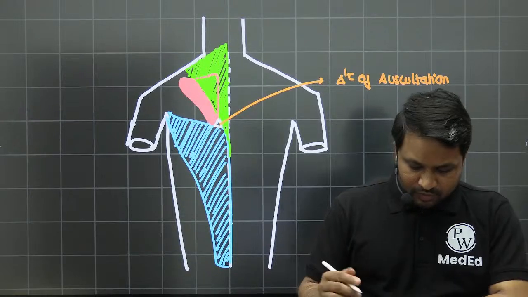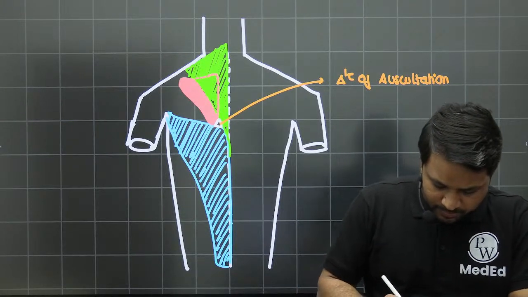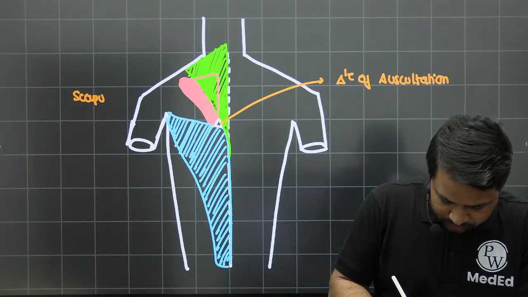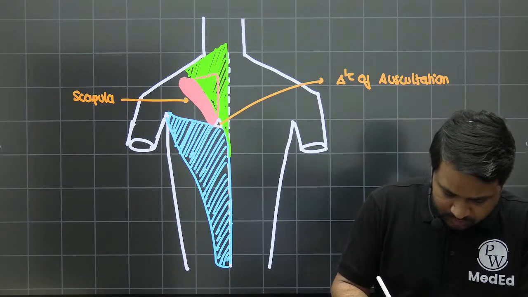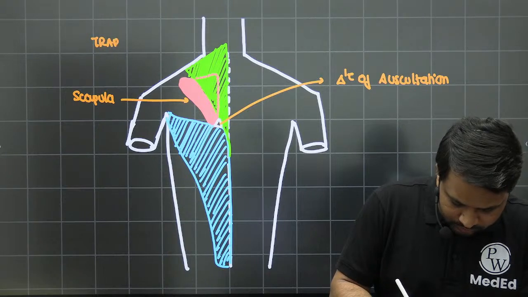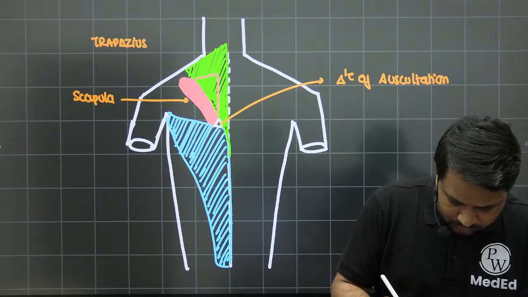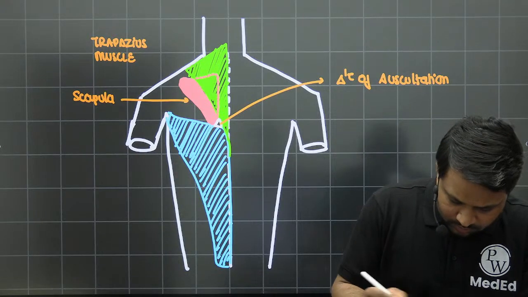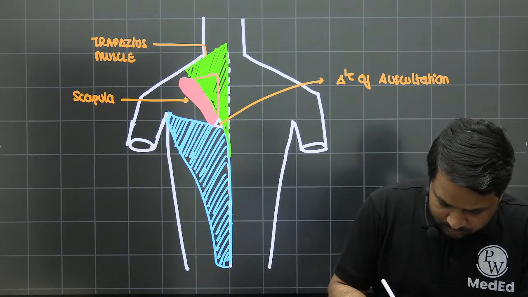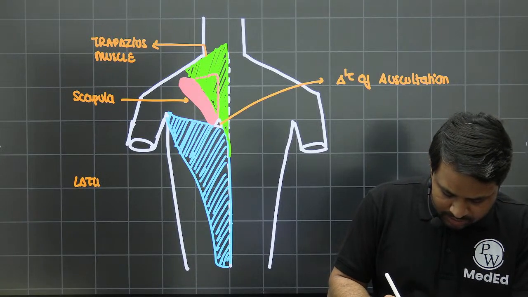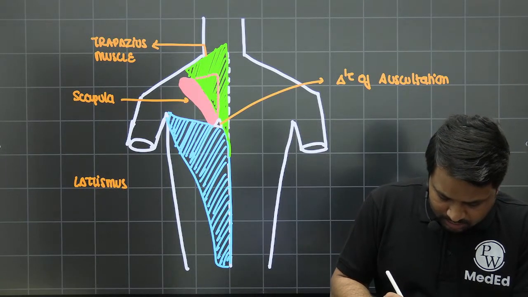When you look at the triangle of auscultation, this happens to be the scapula. This happens to be the trapezius muscle. This happens to be your latissimus dorsi muscle.